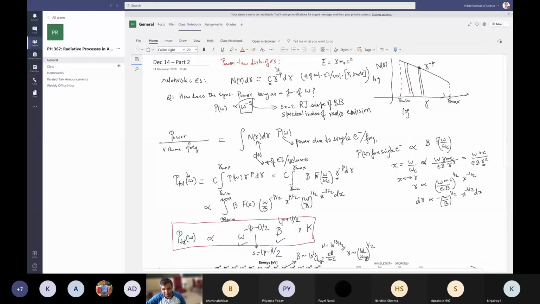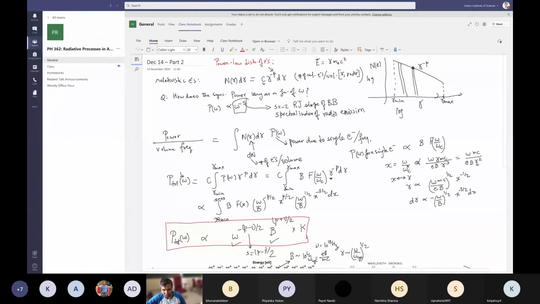Since my power is a function of omega by omega c, I make a change of variables: x equals omega by omega c. So there is a one-to-one dependence, and this is an integral over gamma. You're summing over all these electrons, and you know how much power at a given frequency these electrons produce.